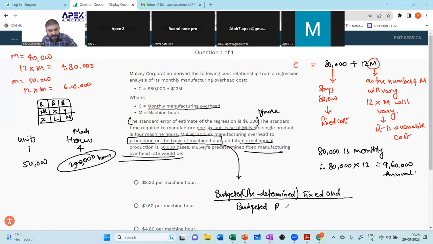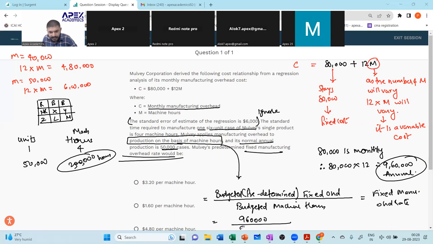Oh, I'm sorry, budgeted machine hours is equal to fixed manufacturing overhead rate. So what are they? 960,000 divided by 2 lakhs.